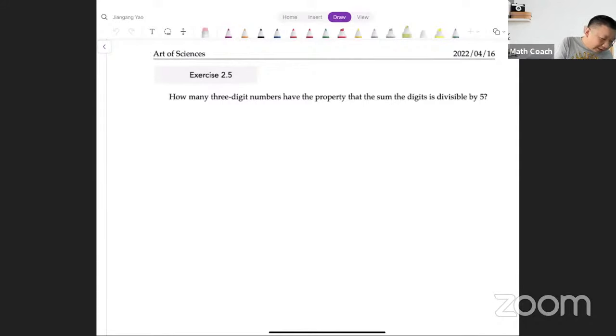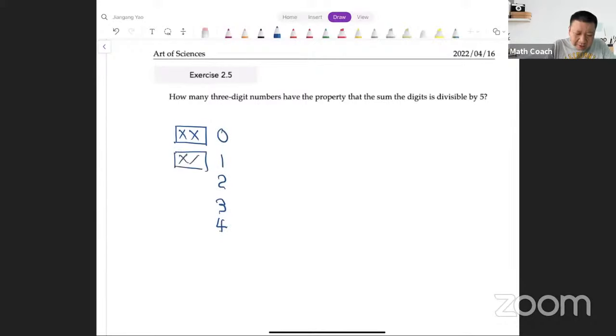Okay, so this question actually needs no calculation. So why is that? Think about it, no matter what the first 2 digits are, if you consider these 5 3-digit numbers and their digit sums, what would be the situation?